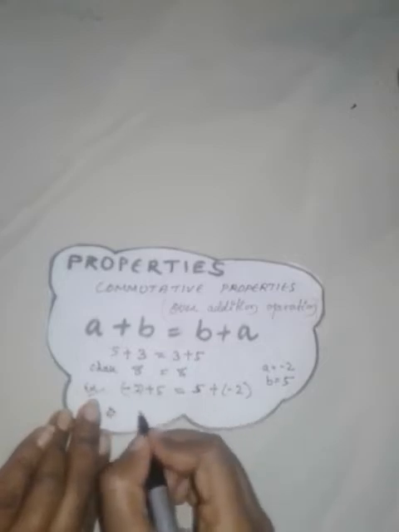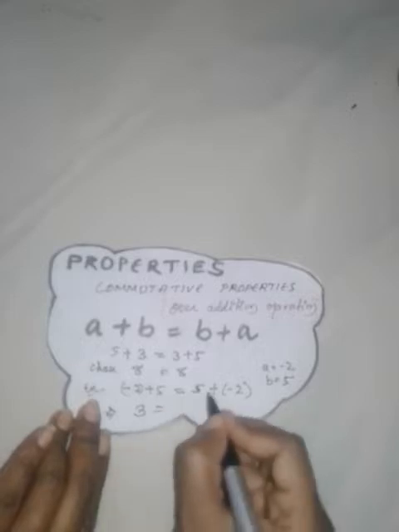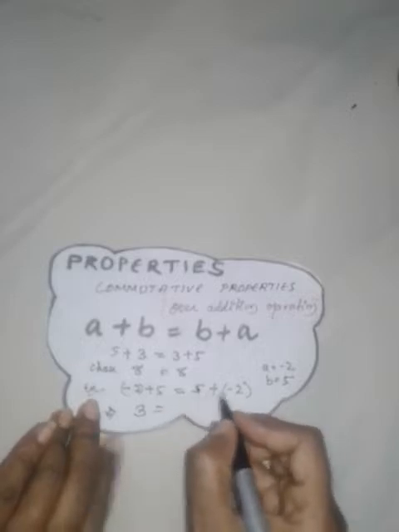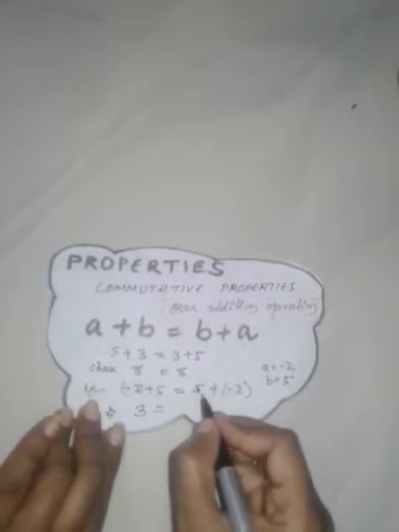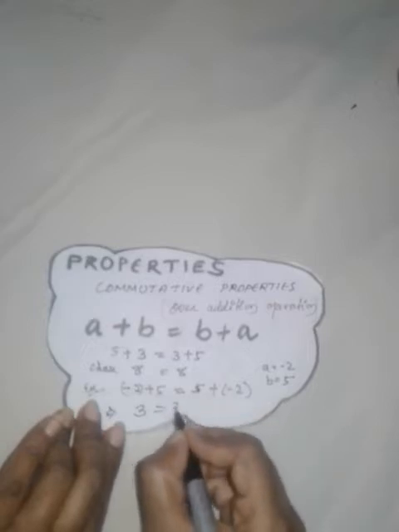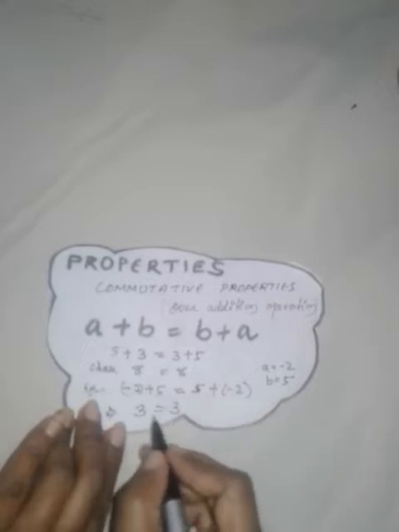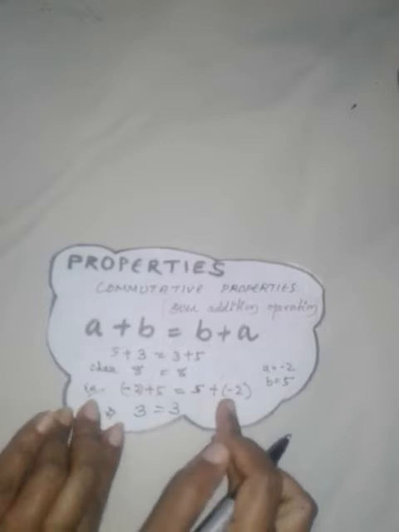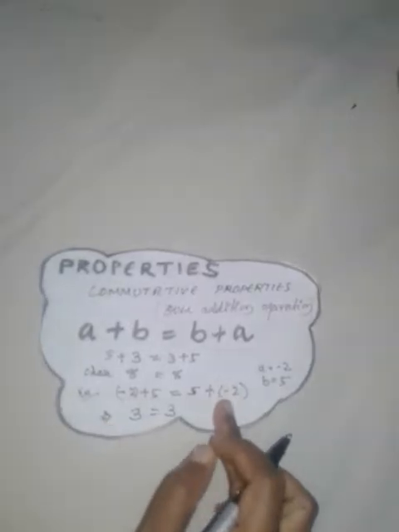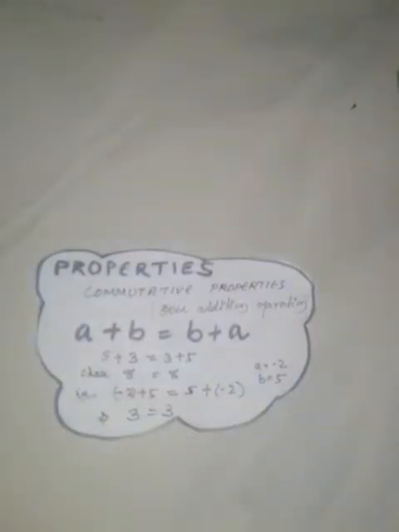Minus 2 plus 5 is 3. 5 plus minus 2, that is 5 minus 2, equal to 3. So the value of the left hand side and right hand side is the same. So addition is commutative.